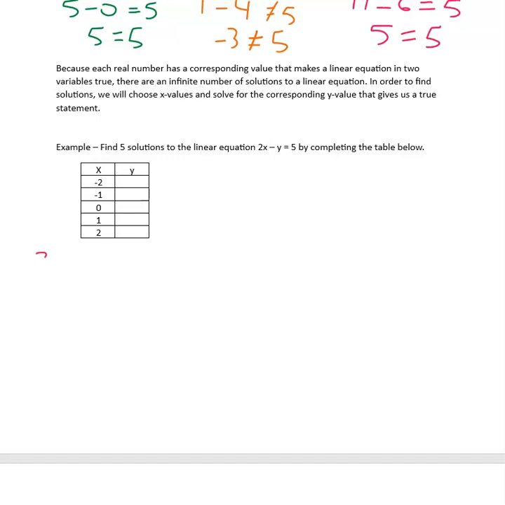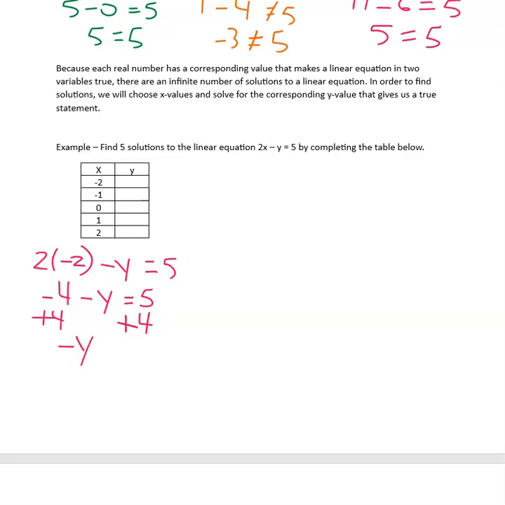I'm going to come over here to my equation. I'm going to plug negative 2 in for x. I'm not going to plug anything in for y because right now we don't know what the corresponding y is going to be. That's what we're trying to solve for. So I end up with negative 4 minus y is equal to 5. Now at this point I'm just solving a linear equation in one variable, right? So I move the 4 by adding it to both sides.